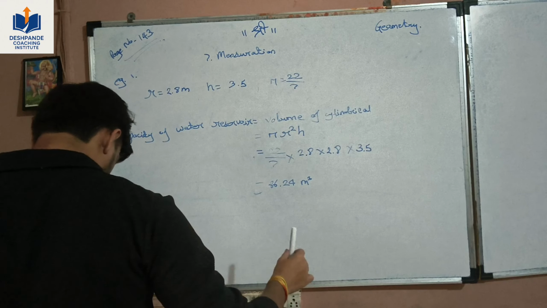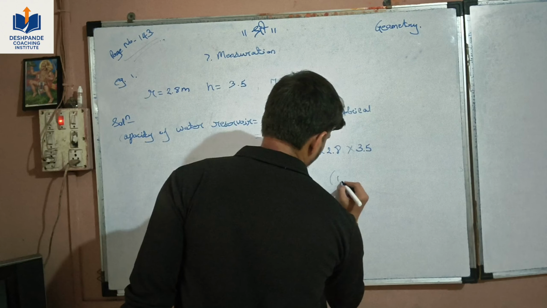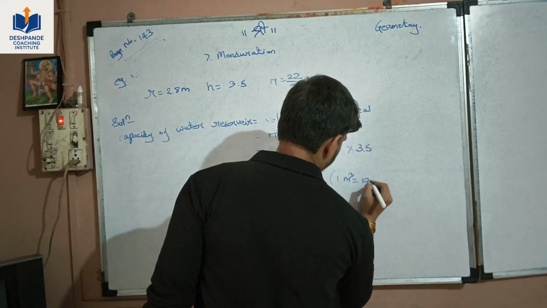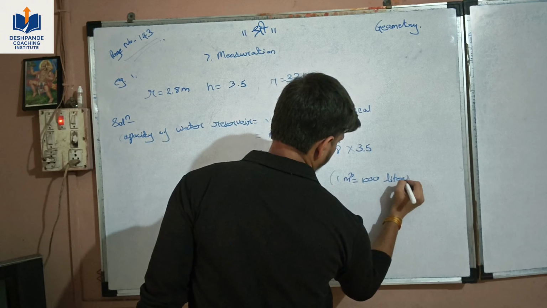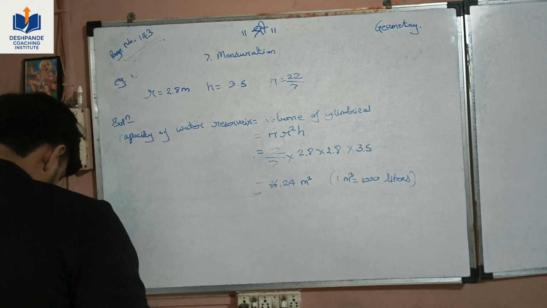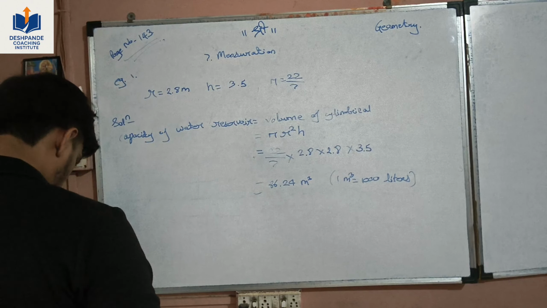Here 1 meter cube is equal to 1000 liters. In the question we are asked for how many persons the water is sufficient for a day, so we have to tell the number of persons. For that we convert this into liters.